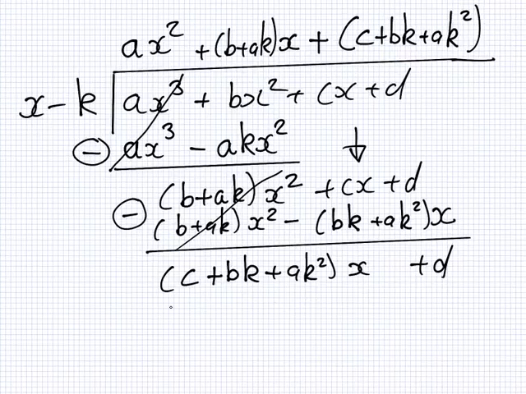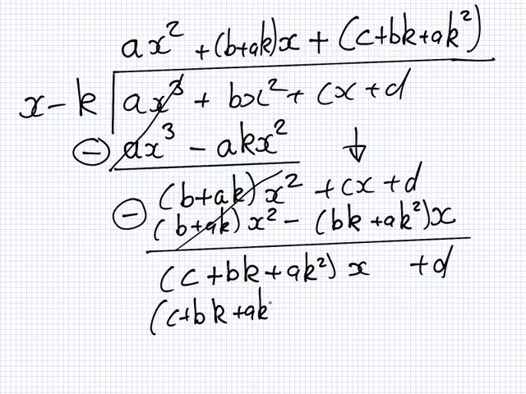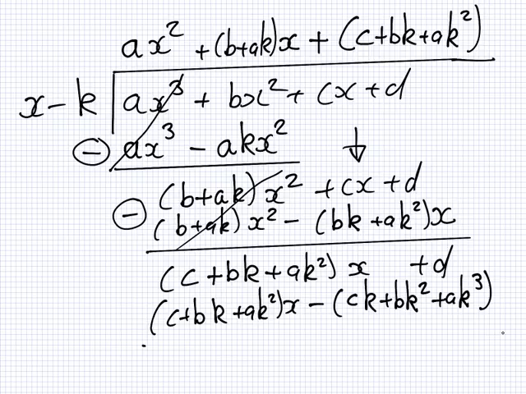Multiplying, and we get (c plus bk plus ak squared)x minus, and then we multiply by k: ck, bk squared, ak cubed. And finally, when we subtract, we'll be left with whatever the remainder is.